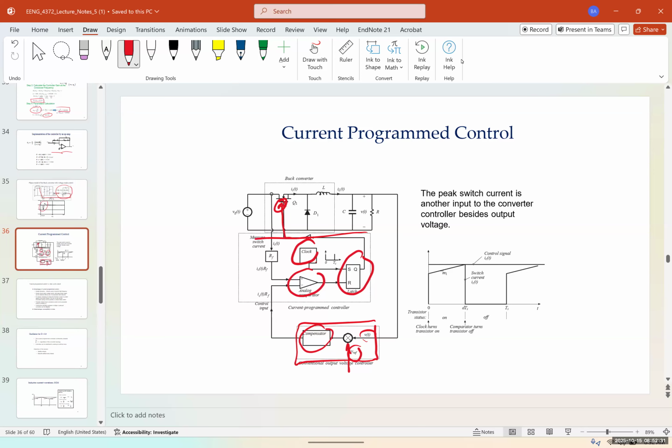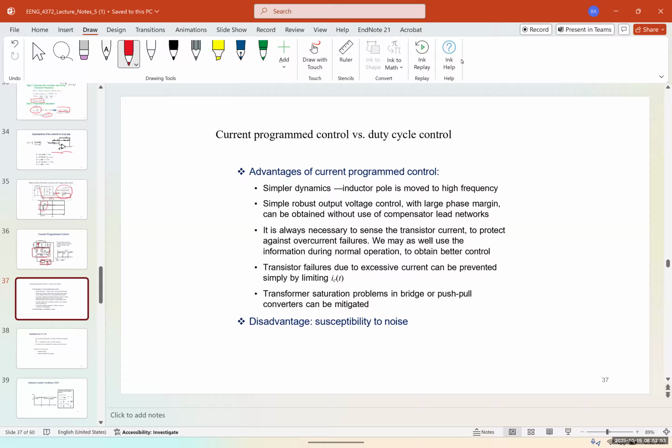So the middle part, which is an analog comparator using an op amp, the clock, and the latch, creates the current program controller. And by the way, there are different ways to design a current program controller. This is just one method. So the current program control versus the duty cycle control. The advantages of current programmed control is it has a simpler dynamic. Inductor pole is moved to higher frequency.